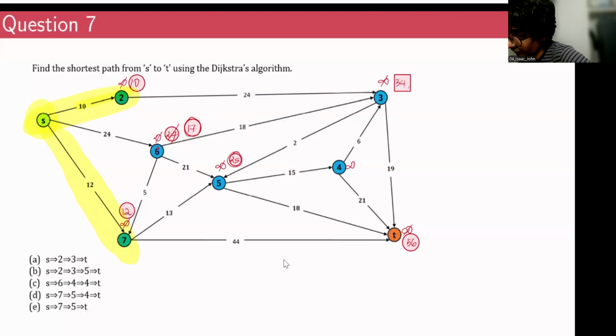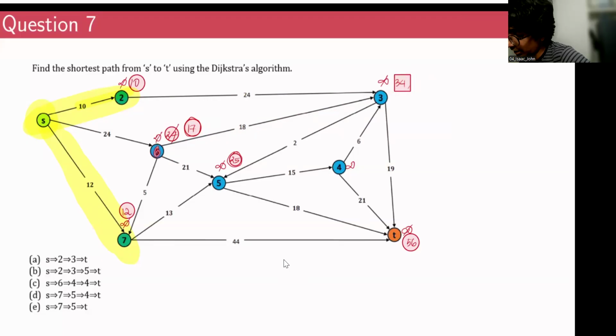Now we expand all the neighbors of node 6. So if you expand along node 3, that is 17 plus 18, that is 35, sorry. Already it has 17, now it has to go 18, so it has 35. So 35 is actually higher than 34, so we'll keep the lowermost cost, that is 34 itself.